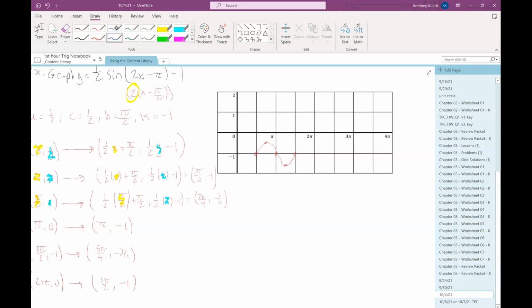From here, I am going to ask that you guys fill in the rest of the space, but I don't need you to generate points to do this. All I want you to do is kind of follow the pattern of what we've established before. So if I continue going, I should have something here, and then here, here, and just kind of following that pattern, filling in the rest of the space.